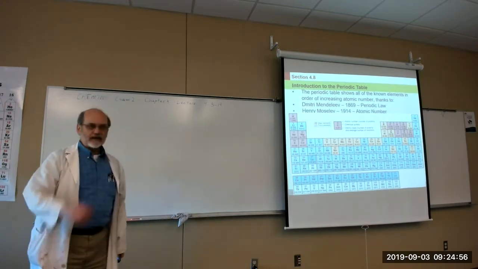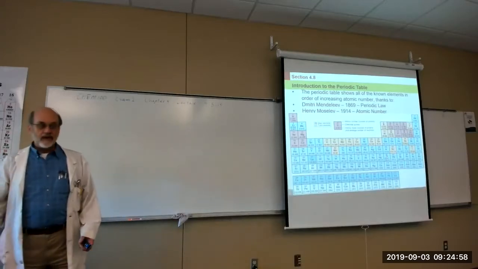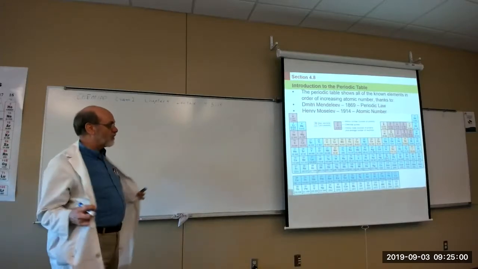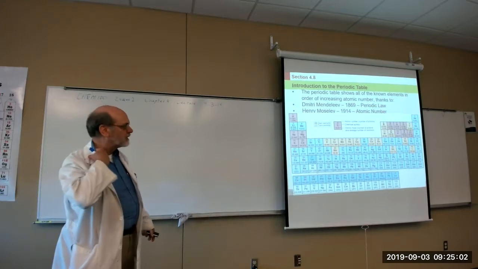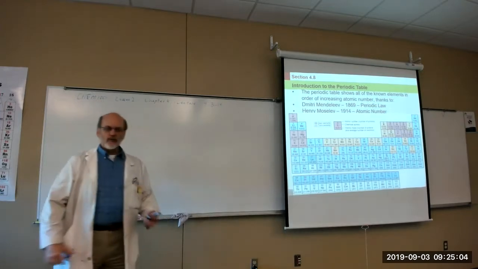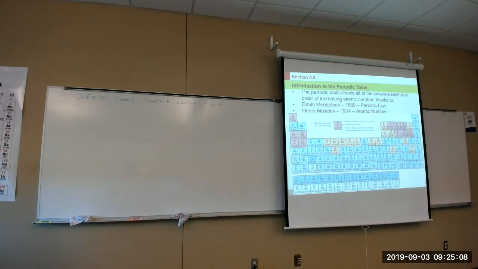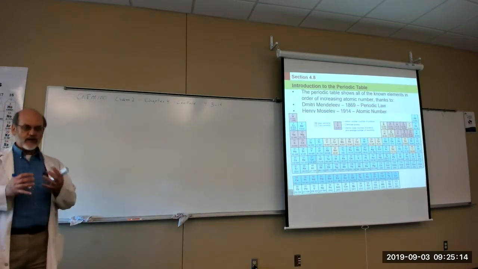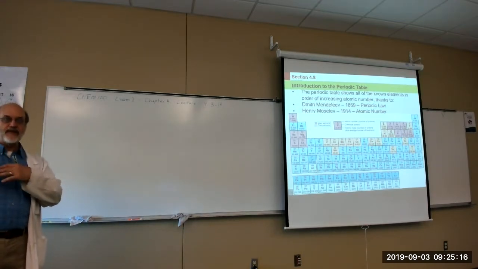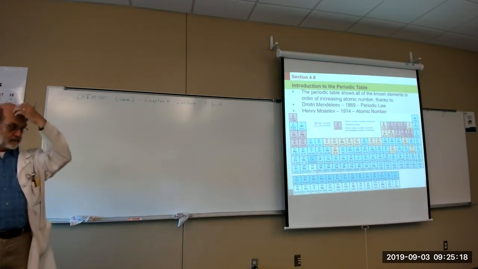How do we know atomic numbers? Well, there was a young chemist called Henry Moseley. He was an Englishman, and he was doing work on the X-ray spectra of elements. So he would excite them up to the point where they had so much energy, they would emit that energy as X-rays.